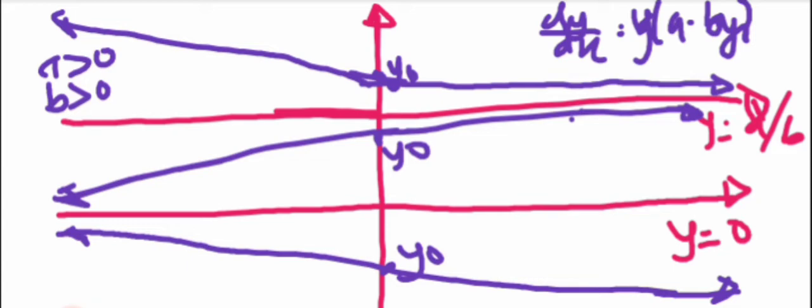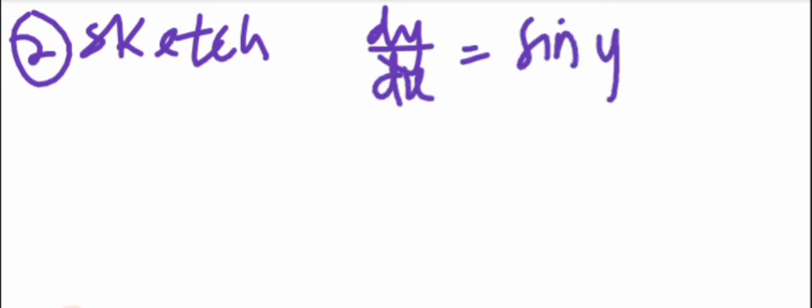We'll sketch sine something. It's a trigonometric graph, okay? So sketch dy by dx is equal to sine y. Now if this question was sine xy, would this be autonomous?